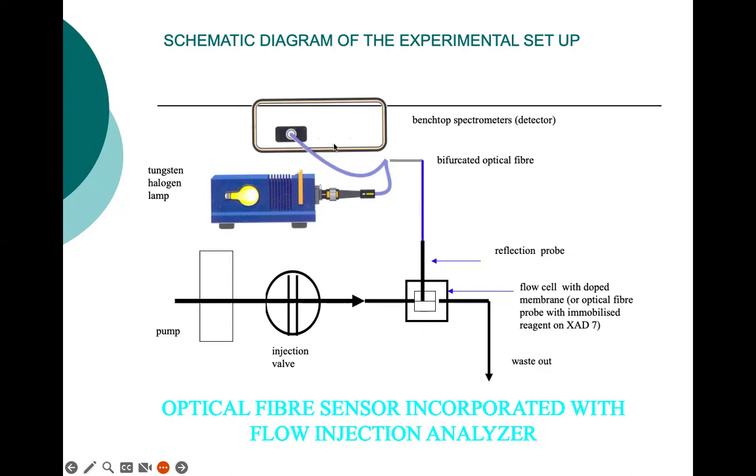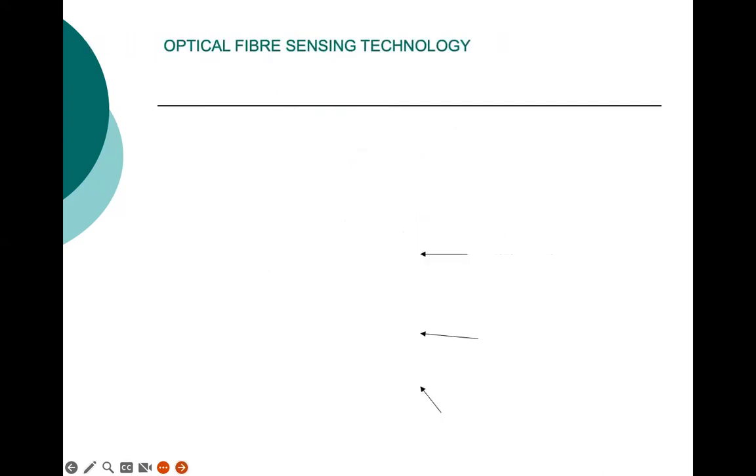This detector can give you directly a reading of absorbance or reflectance. It is up to the machine that you buy. So this is a very basic optical sensor based on UV visible spectrophotometer, a portable UV spectrophotometer.